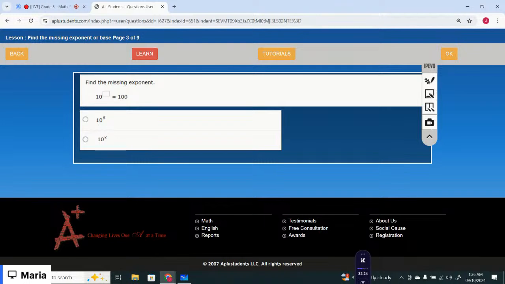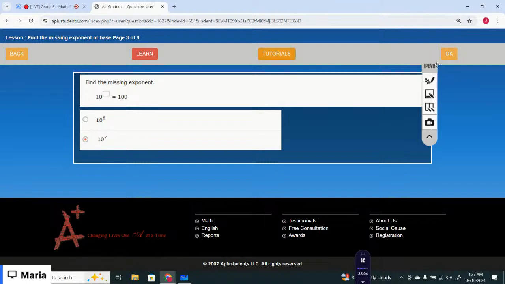100 equals 10 exponent. Which exponent is it? The correct option is 10 exponent 2.